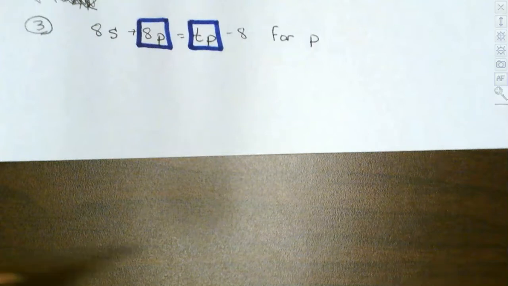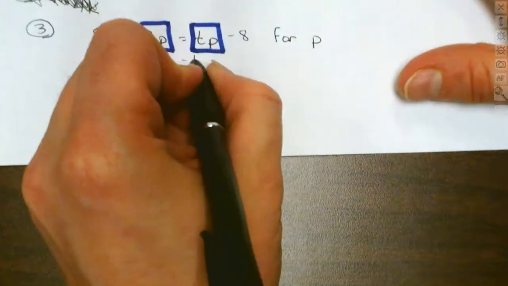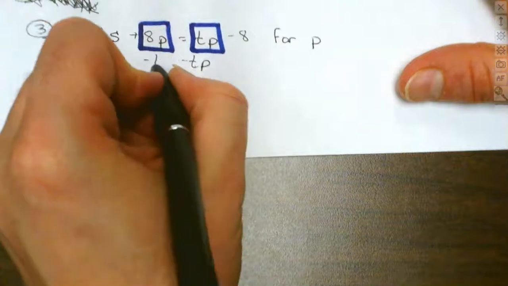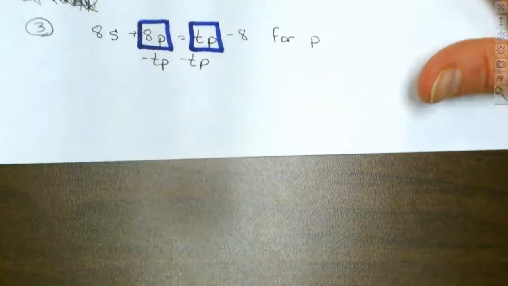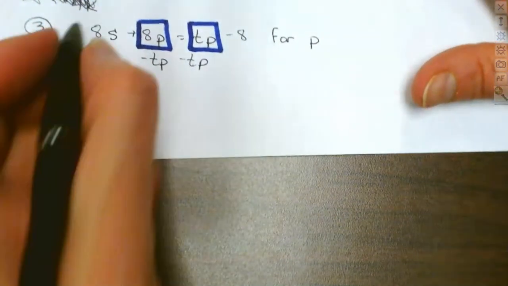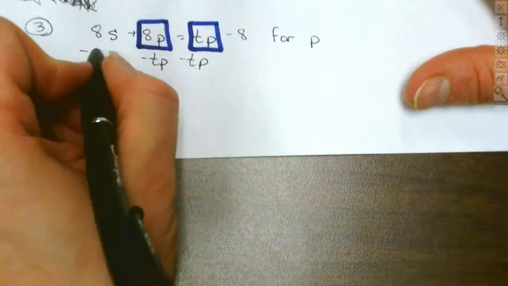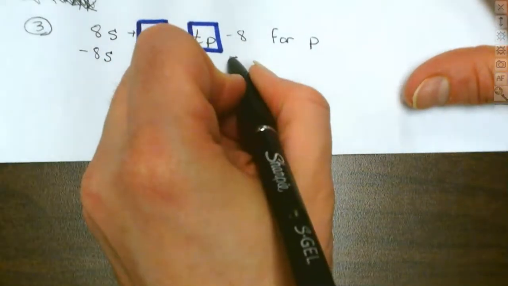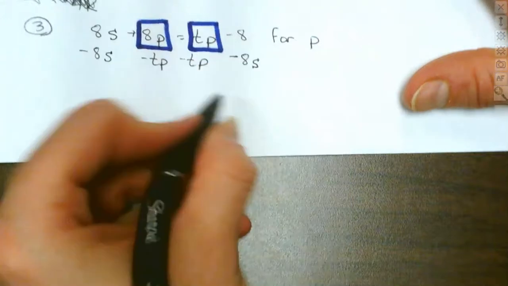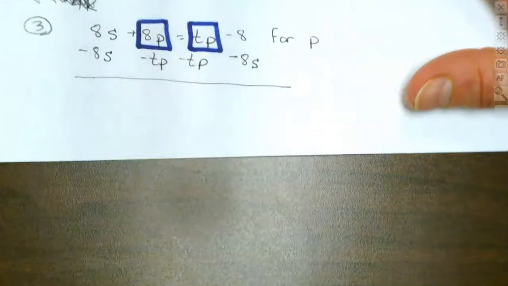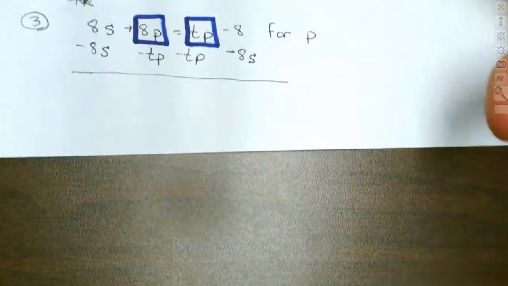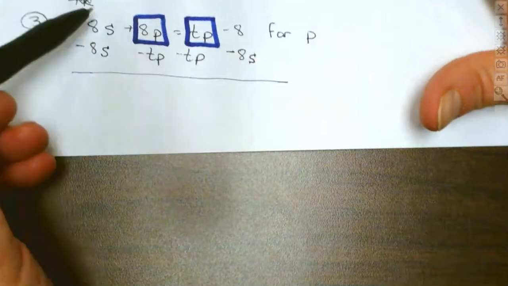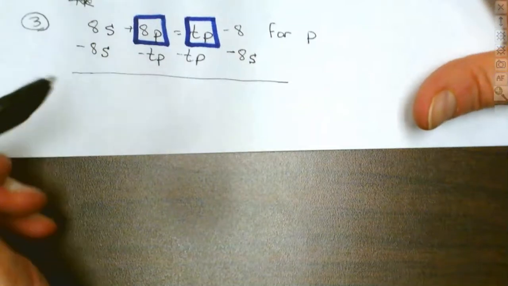So what we can do is move that tP over. So it'll join that 8p. And we don't need that 8s. So I'm going to go ahead now, just to save one little step here, and subtract off that 8s. So we moved things over. Now let's see what we've got. The 8s's, those are gone.